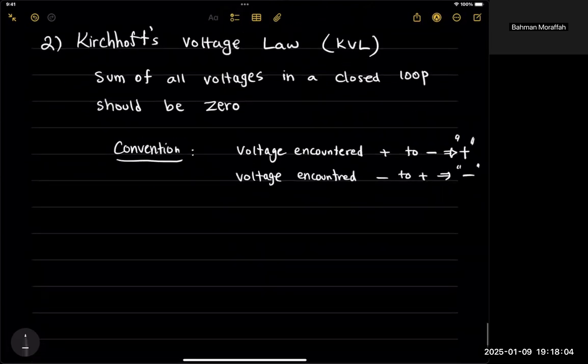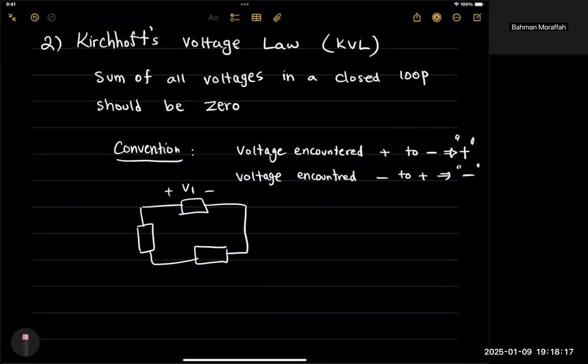So if I have a circuit, let's say it has 3 elements. Let's call this V1. Let's call this V2. And this one over here, V3. So this is a closed loop. If I write the KVL, let's start from here and go through this loop.